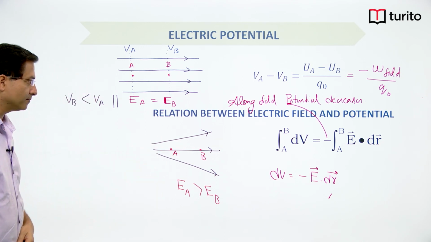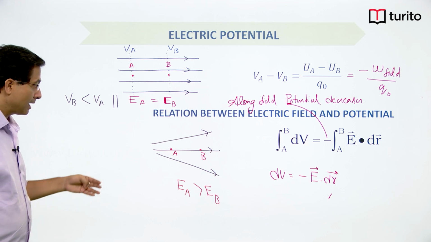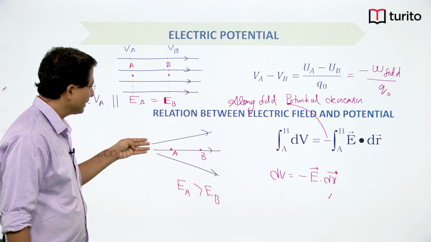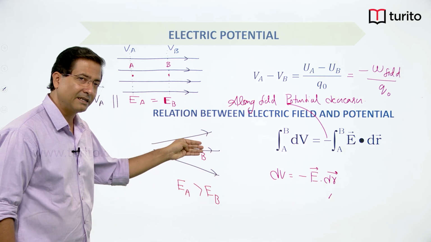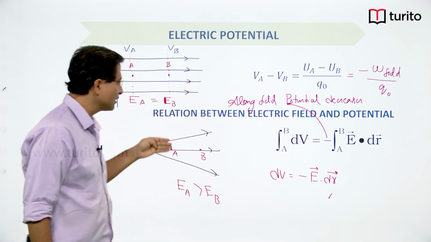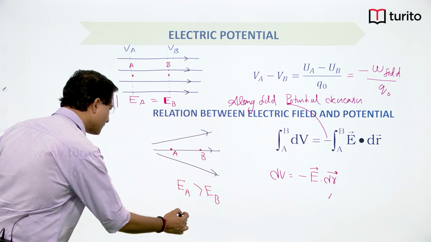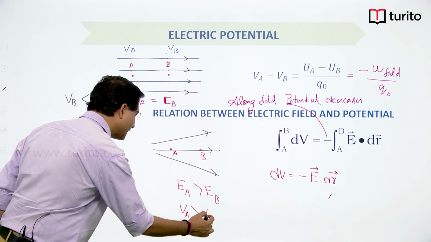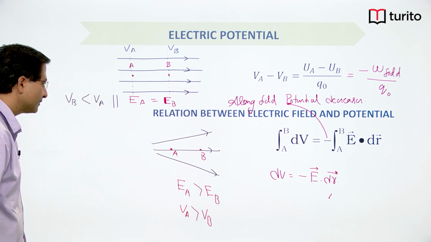What about the potential? Along the direction of field, potential decreases. Same concept, along the direction of field, potential decreases. So, potential at A is greater than potential at B, right.